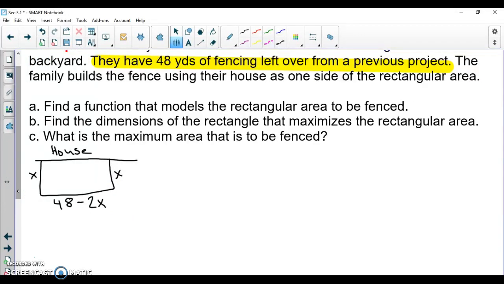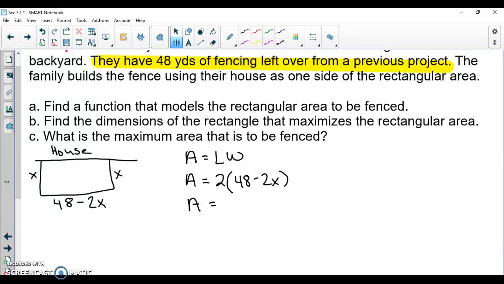So we know that the area of a rectangle is L times W. So I know my length and I know my width. So I get area equals x times 48 minus 2x. And if I distribute that, the area equals, I'm going to go ahead and rewrite this in the right order.